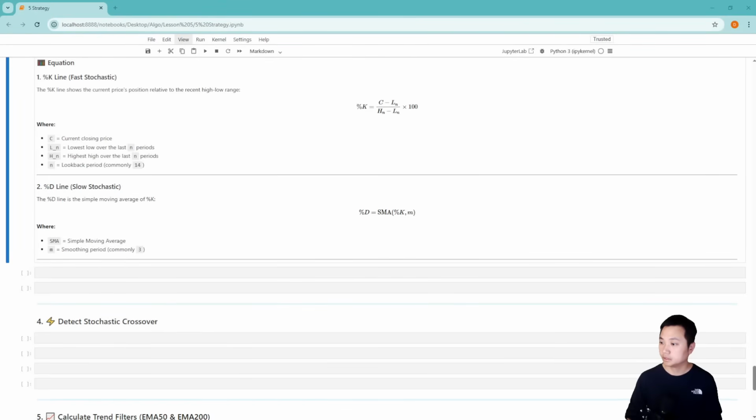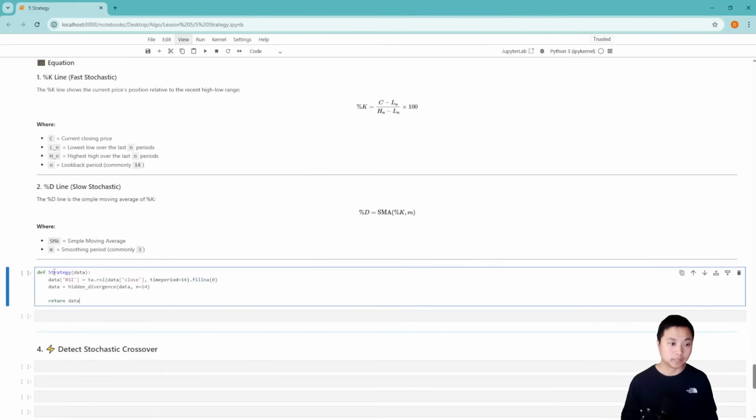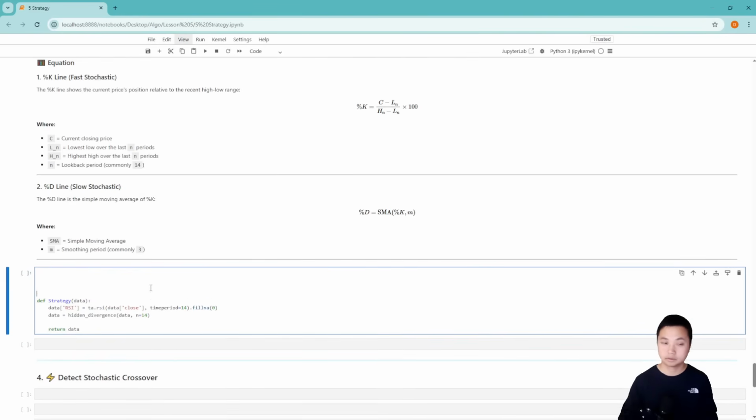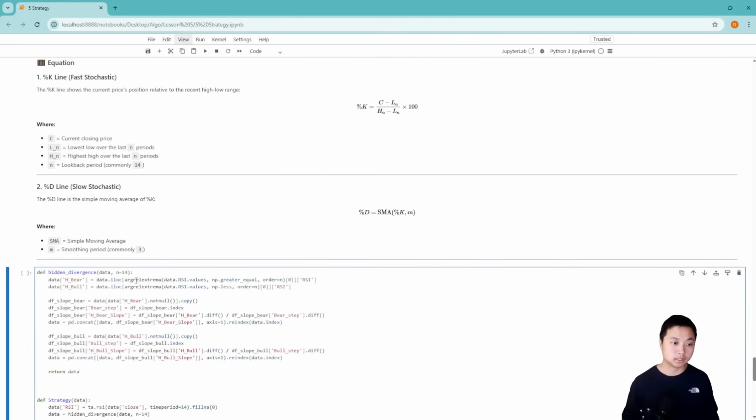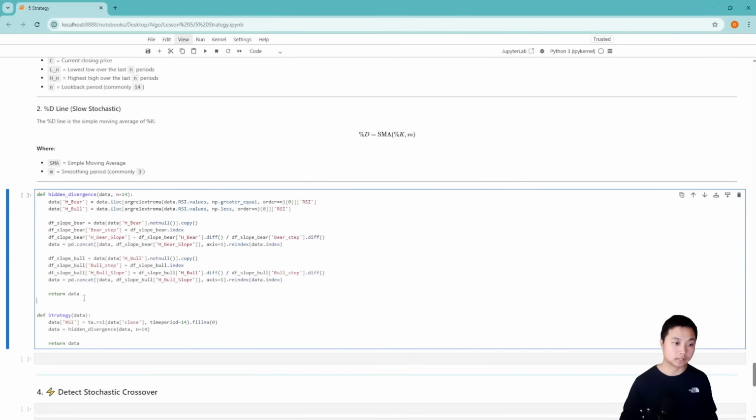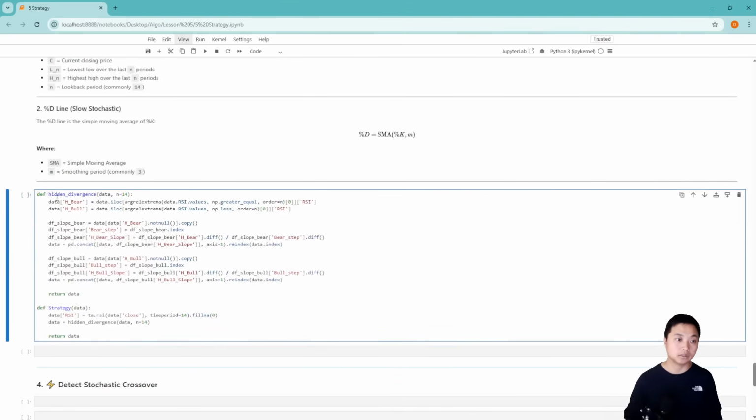First things first, let's copy all the code related to the RSI strategies that we developed in previous lessons. The first one is basically the main strategy. And then, just like what we did in the previous lessons, we create the hidden divergence function that we used to detect the RSI divergence.